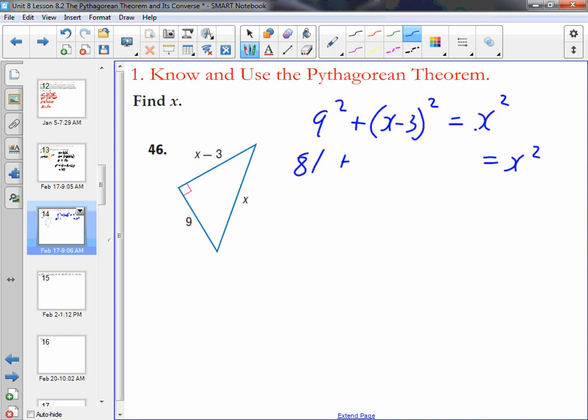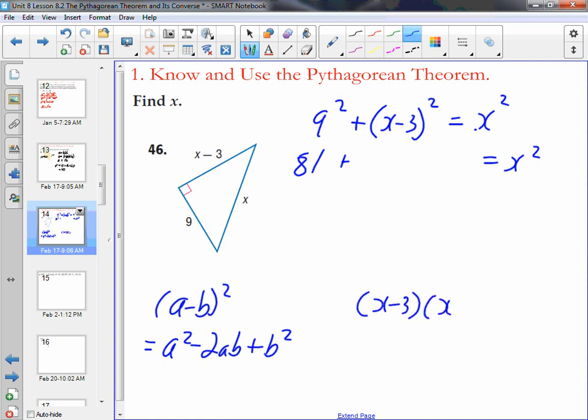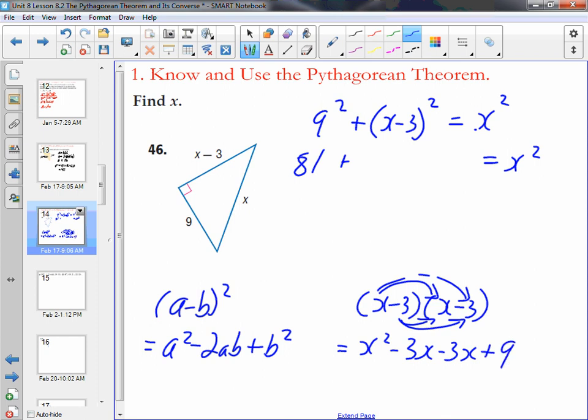But when you square x minus 3, you do not get x squared minus 9. To square a binomial, have you ever seen this before, this little formula? To square something means to multiply it times itself, right? So if I multiply x minus 3 times x minus 3, use the FOIL method. X times x, x squared, x times negative 3, negative 3x, negative 3 times x, negative 3x, negative 3 times negative 3, positive 9.